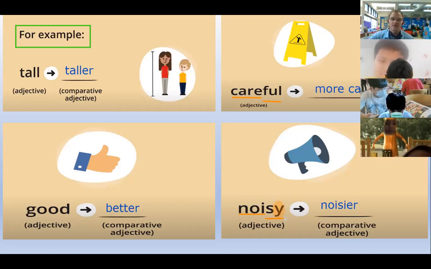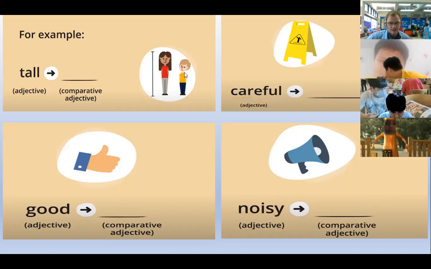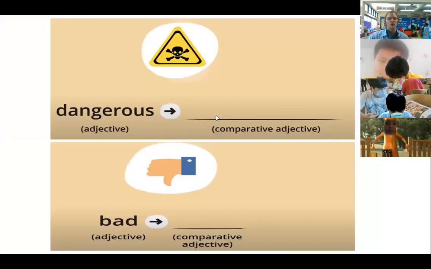Okay. So these are very interesting questions, and so far all the answers are correct. Let's look at only 2 more examples. So for these 2, let's have a look first at the syllables. For dangerous, how many syllables? 3.